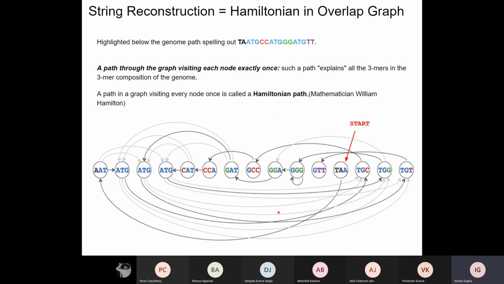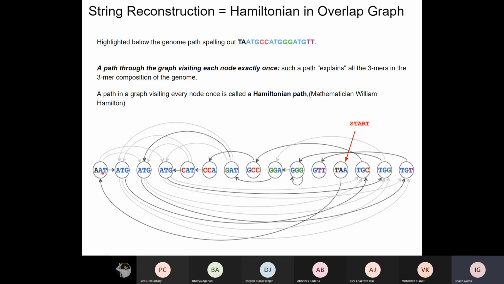When you do this, you are essentially forming what's called an overlap graph, and you represent each of these k-mers as nodes, so these circles or ovals, and the fact that they have overlapping k minus 1 mers. If the suffix, that is the last k minus 1 letters, is equal to the prefix, that is the first k minus 1 letters, then they are connected.